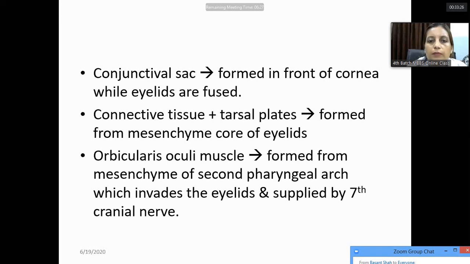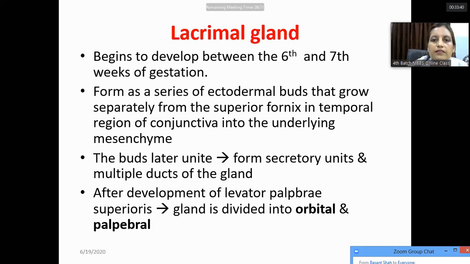The orbicularis oculi muscles form from the mesenchyme of the second pharyngeal arch, which invades the eyelid and is supplied by the 7th cranial nerve. So most of these structures develop from the mesenchyme.